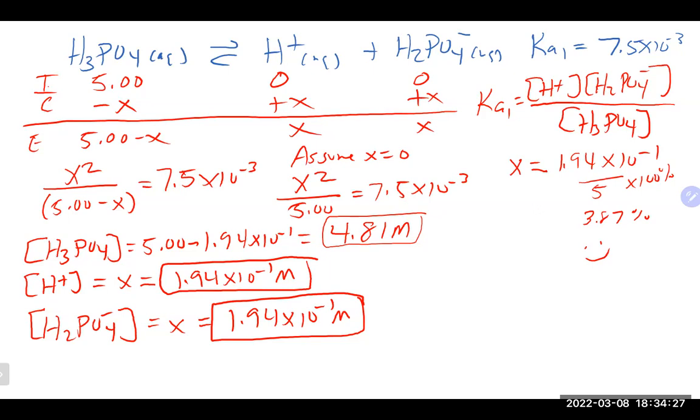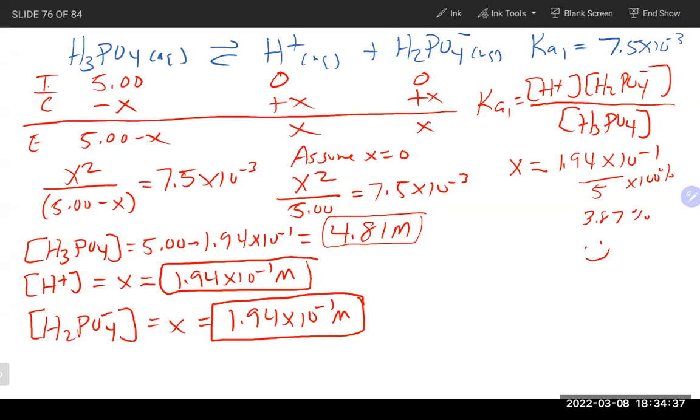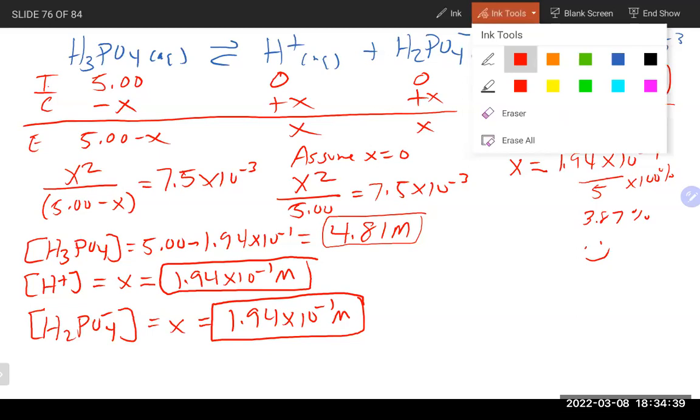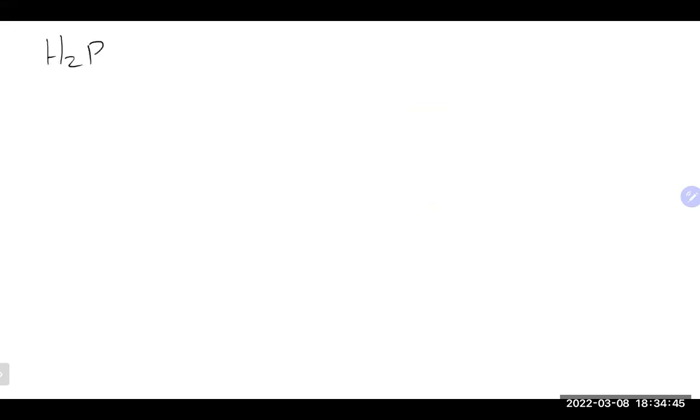Okay, so because we really want to find about everybody through all the different steps, we have to continue on to the second step, which is the second hydrogen coming off at this point. So the next step would be the H2PO4 minus dropping another H plus, giving us HPO4 2 minus.